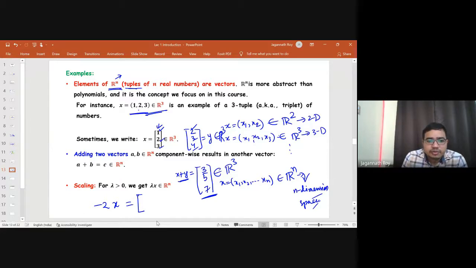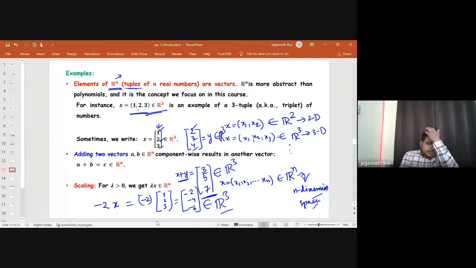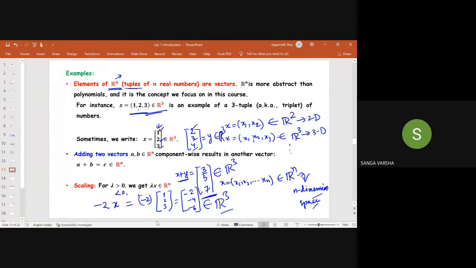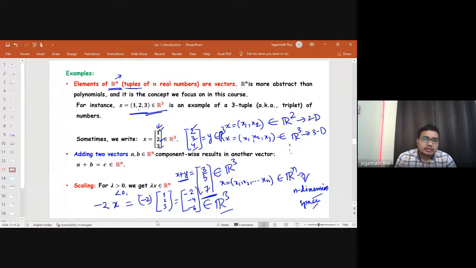So minus 2 times this one, 1, 2, 3. So this becomes minus 2, minus 4, minus 6. Again, this is also a member of R3. So if you scale it, if you multiply with some scalar, maybe it is positive or negative, then we get another vector.